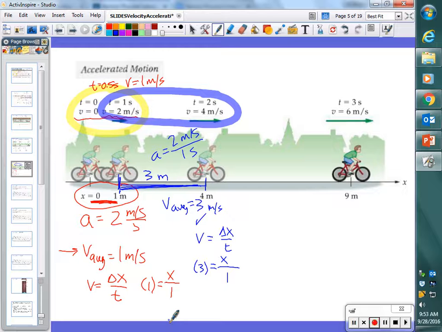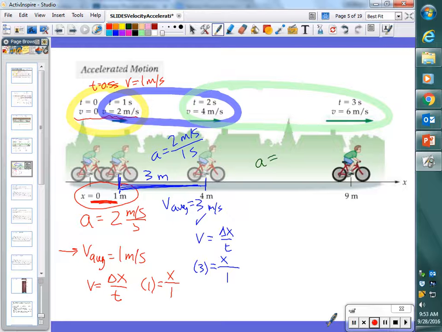Let's do one more example here. So let's go there to there. What's the acceleration value during that interval that I've circled in green? Let's go step by step. How much does the velocity change? 2, right?